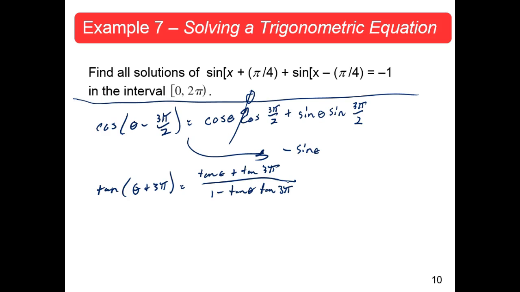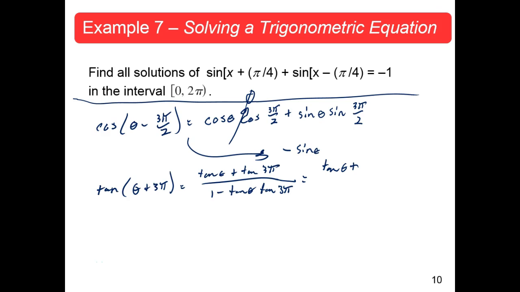Okay. Now, tangent theta will stay tangent theta, plus, what in the world is a tangent of 3 pi? Anybody? 0.